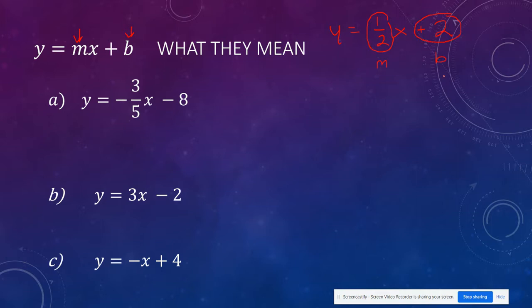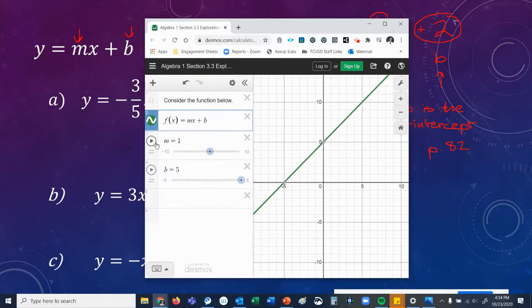So let's start by analyzing just the part b. You may recall from our graph, b is the y-intercept. You can find this note and some ideas about it on page 82 of your journal. b is our y-intercept, and what that means is we have a coordinate. If you look back at our graph of an equation, when b was 5, notice the dot on the line is at 0, 5, because when x is 0, y is 5.